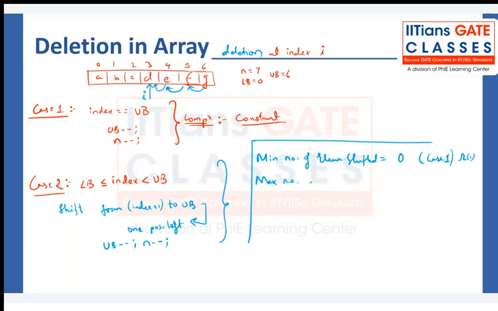And what is the maximum number of elements shifted? This is your n minus 1. You agree? When we need to delete from the lower bound, we have to move all the elements one position left. So case 3. Again, your complexities are different. So the time complexity for deletion will also be O of n.